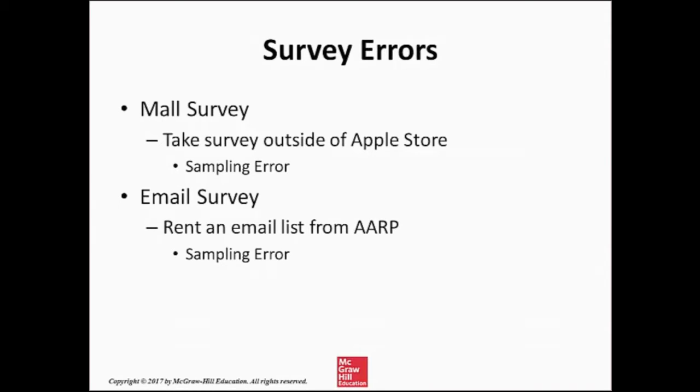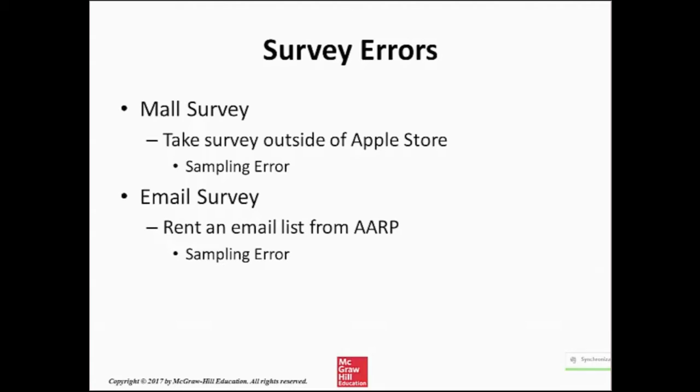When we select who to survey and how to reach them, many errors can occur. Here are some examples. Let's suppose we're going to survey people at a mall. If we place our person outside the Apple store, we'll get a higher frequency of Apple users than we have in the general population, and this will introduce a sampling error.